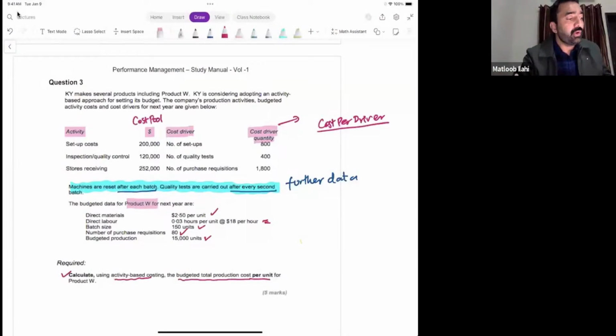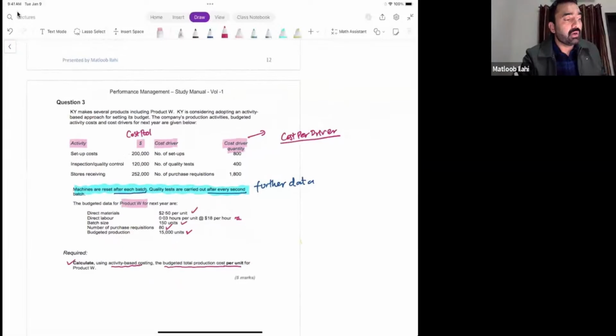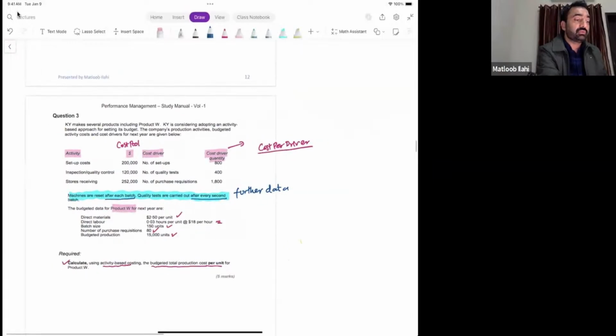Okay, I hope you have made the basic calculation. So let's first try cost per driver. What is the cost per driver for setup cost? It is 200,000 divided by 800.